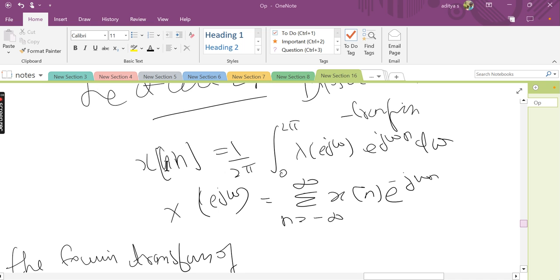The formula of x of n is 1 by 2 pi, integral from 0 to 2 pi of X of e raised to j omega, e raised to j omega n d omega.